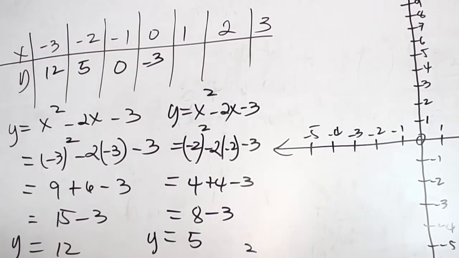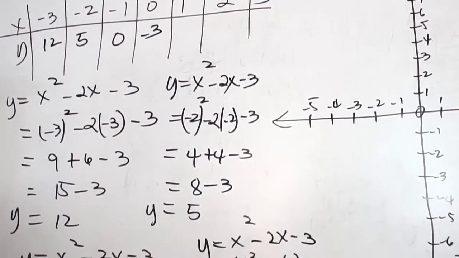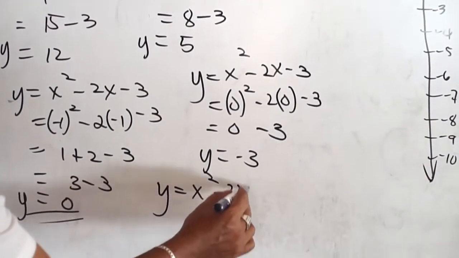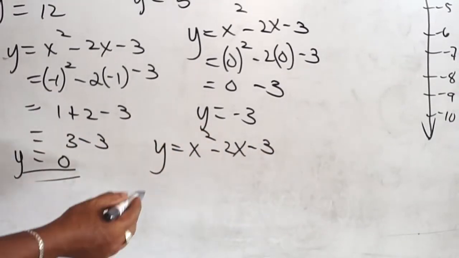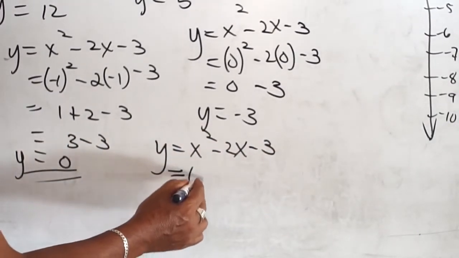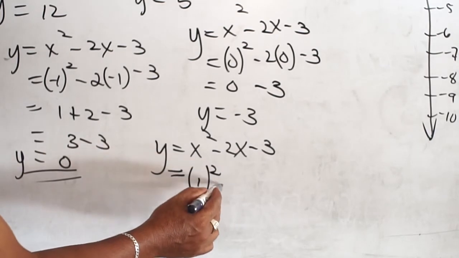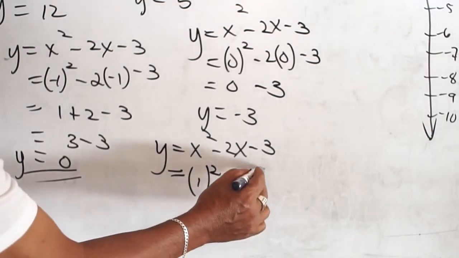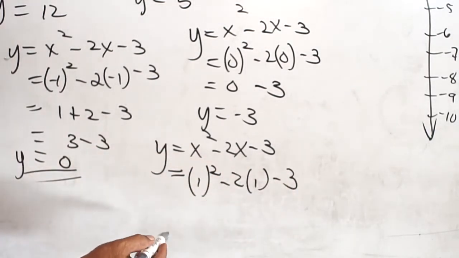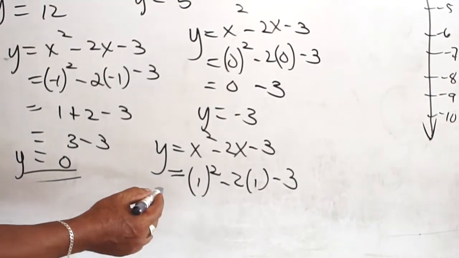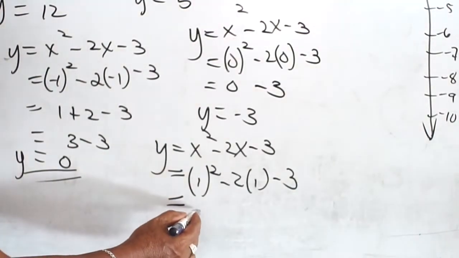Next, if the value of x is positive 1, we have x squared minus 2x minus 3: 1 squared, minus 2 multiplied by 1, minus 3. The square of 1 is 1.